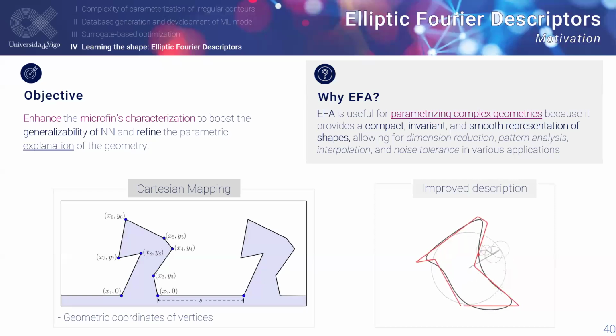So this is a very compact and smooth representation of parameterization and geometry, and probably it's not the first thing that you would think of because we have really sharp edges. But now the question would be, is it necessary to define these sharp edges so precisely to predict integral values such as heat flux and pressure drop? So that's why we consider using this approach.